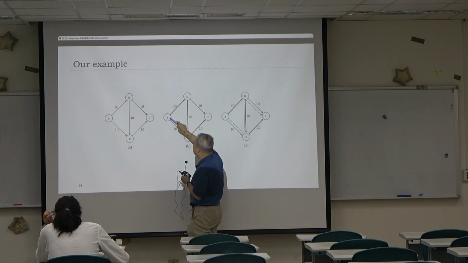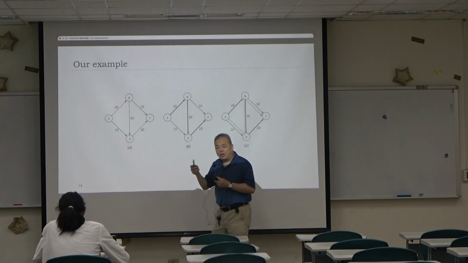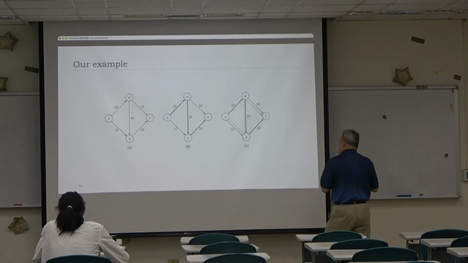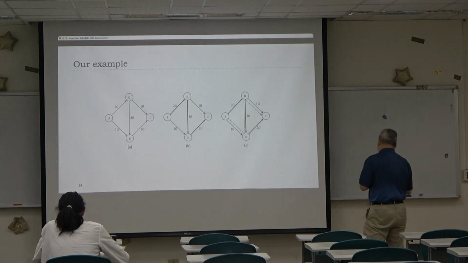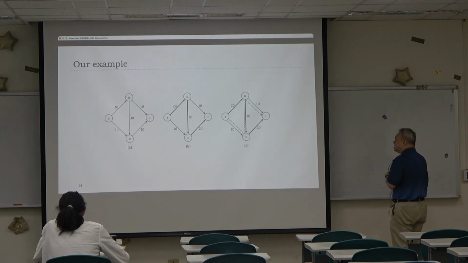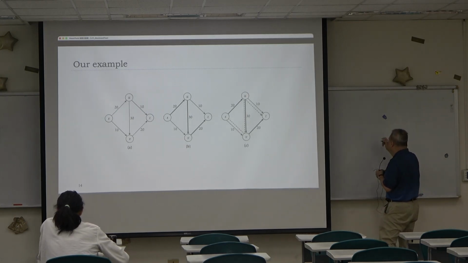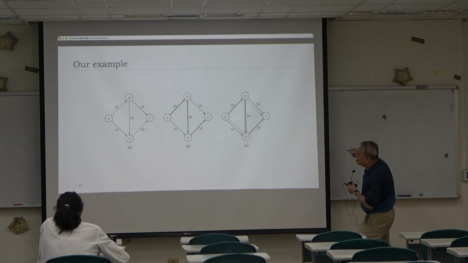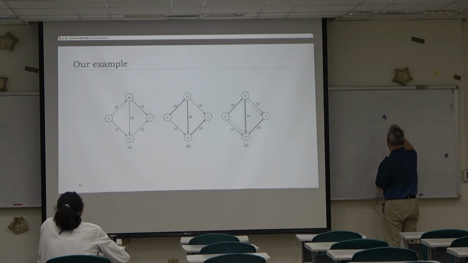Because for this path you look at the capacity: you have 20, you have 30, you have 20, right? Let me copy the block so that I can write something. So we have S, we have U, we have V, we have T.